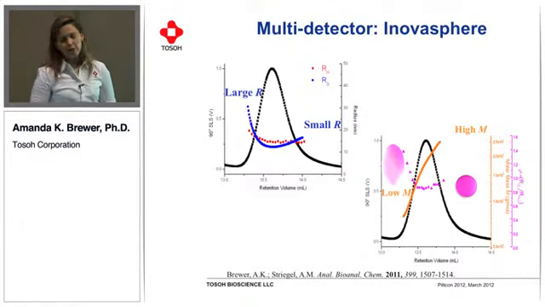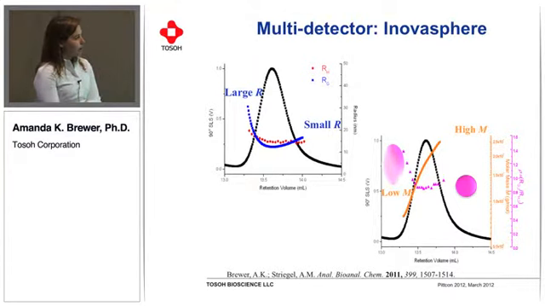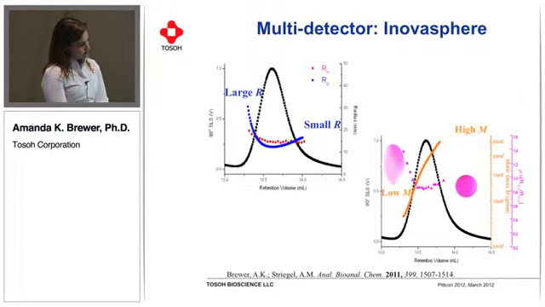If we compare that to the radius, we see that the larger radius is a lower molar mass, more ellipsoidal shape. The smaller radius is a higher molar mass and a more compact spherical shape.